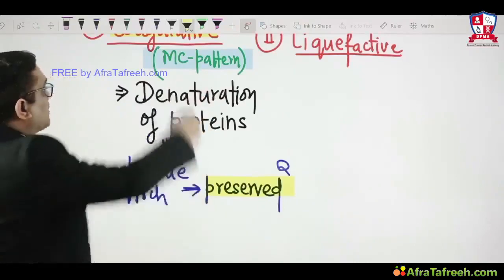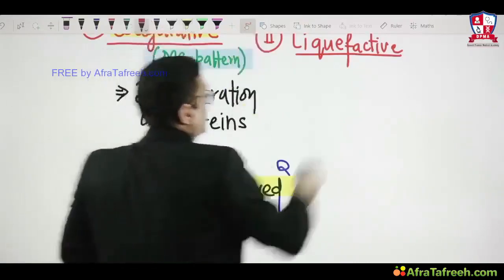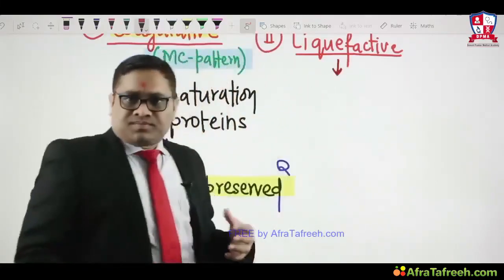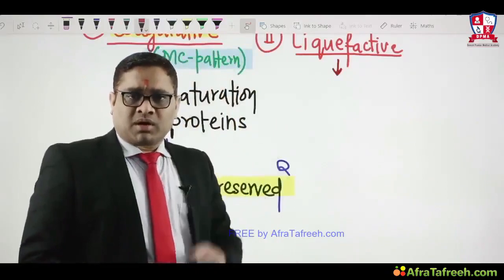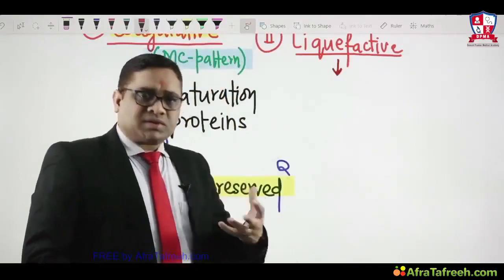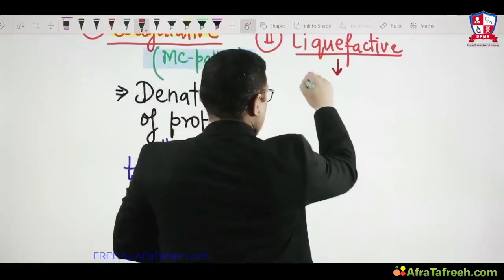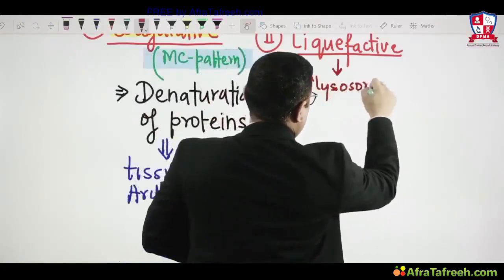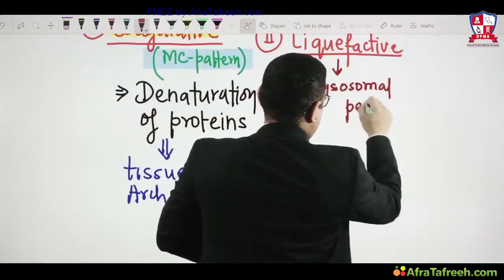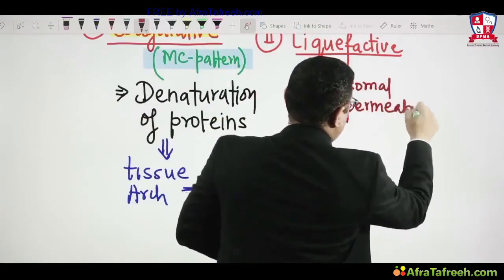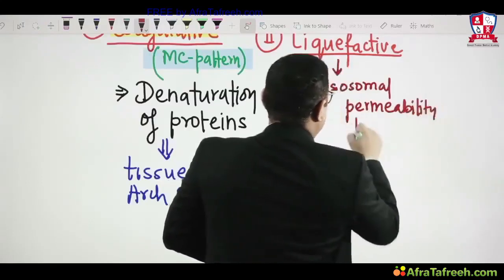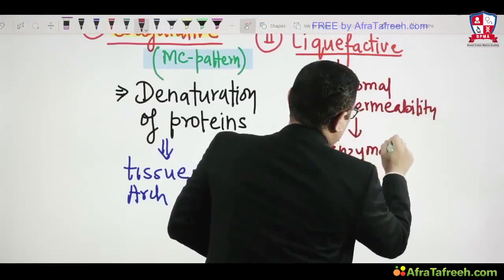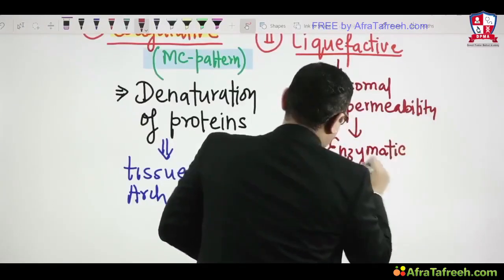Whereas when we talk about liquefactive necrosis, the pattern is because lysosomal permeability will be increased, and due to increased lysosomal permeability, enzymes will leak out. So there will be enzymatic damage of the cell.